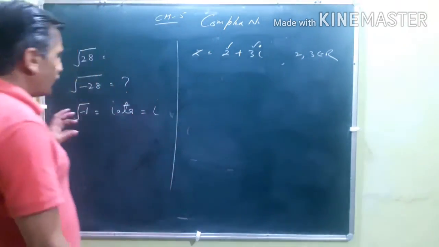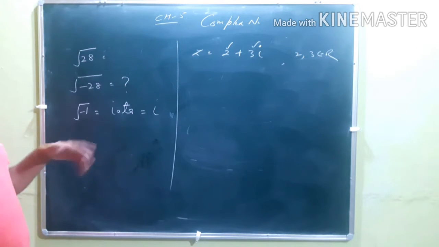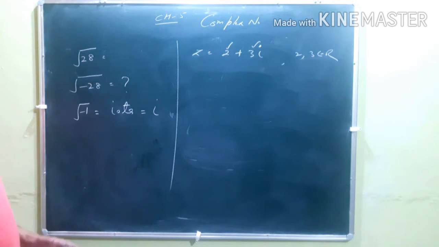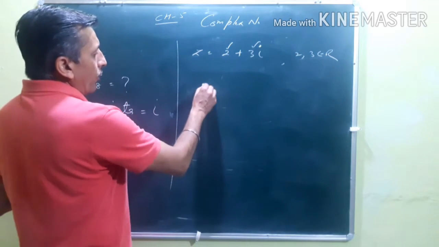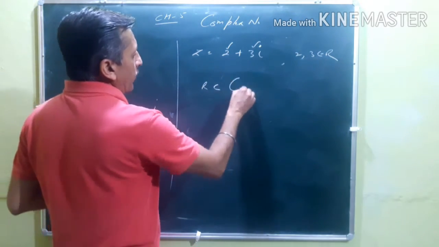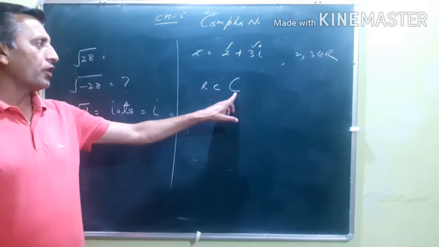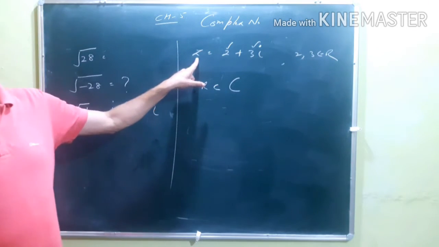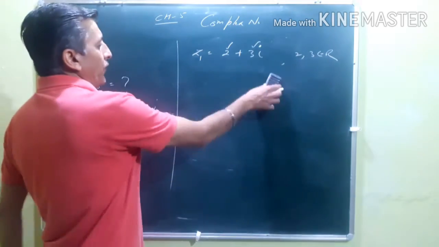So I want to introduce you to a new number. That number is called a complex number, and it contains the real numbers, so I think it is the greatest number. In general, R is a subset of the set of complex numbers. The set of complex numbers is usually denoted by C, and a particular complex number is denoted by z, or sometimes z1, z2 when they are different.